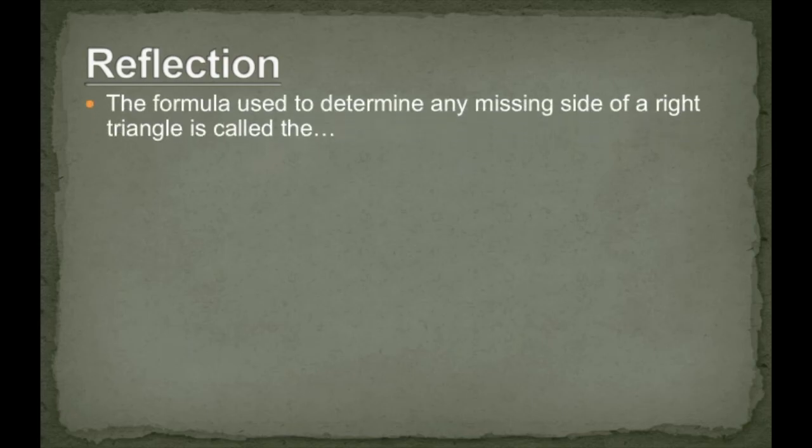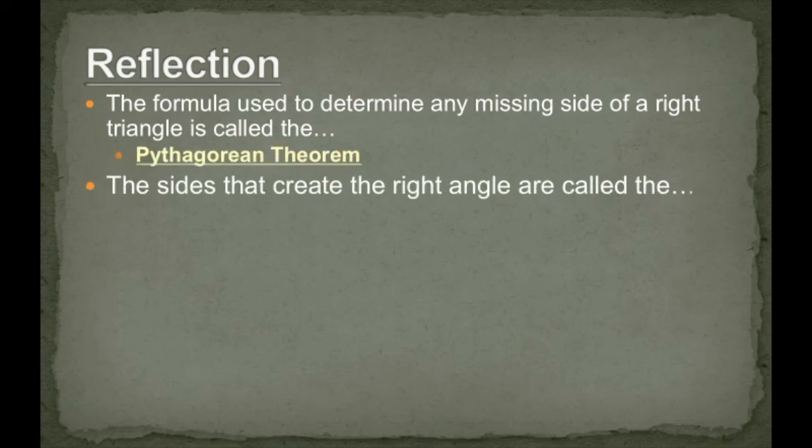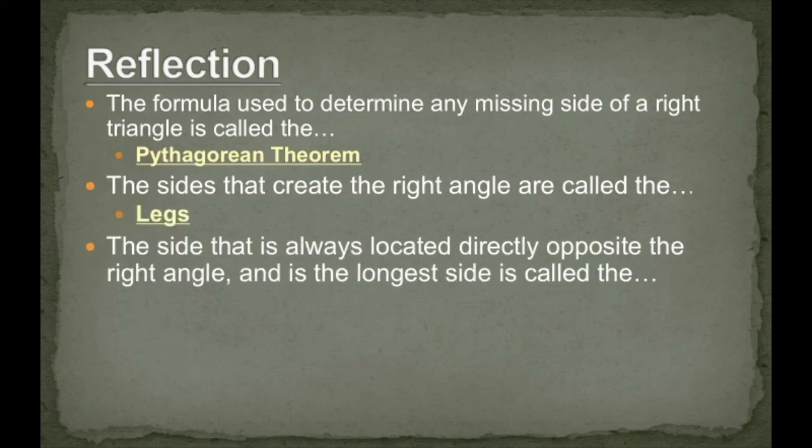So let's review this lesson. The formula used to determine any missing side of a right triangle is called the Pythagorean Theorem. The sides that create the right angle are called the legs. The side that is always located directly opposite the right angle and is the longest side is called the hypotenuse.